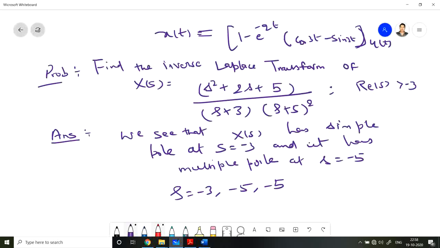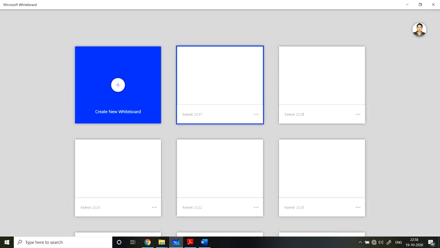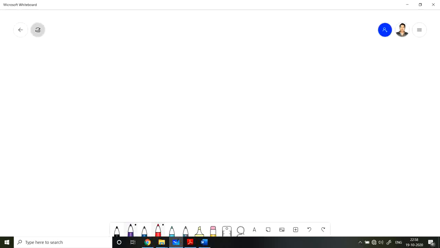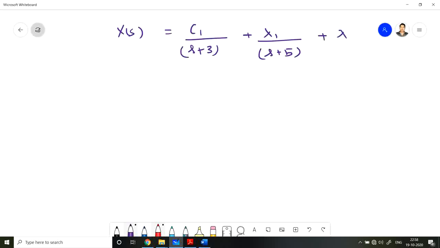In order to solve this type of problem, we can write X(s) in this form: C1 divided by s plus 3, plus lambda 1 divided by s plus 5, plus lambda 2 divided by s plus 5 square.